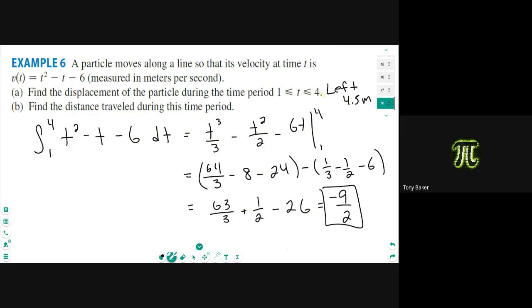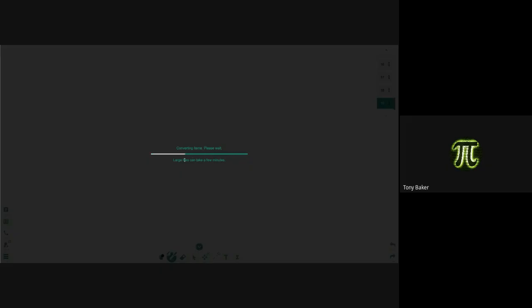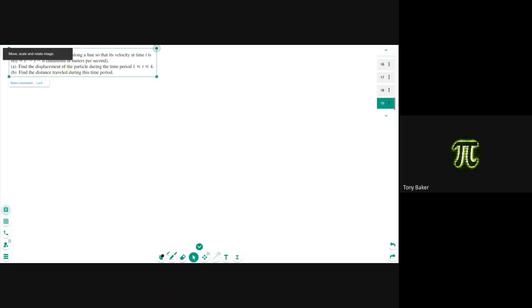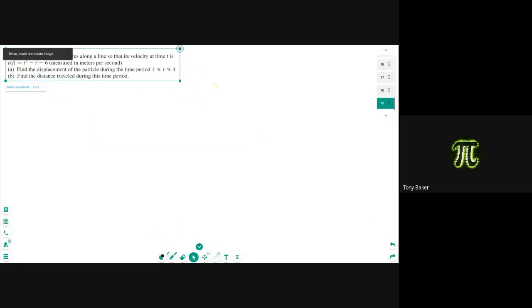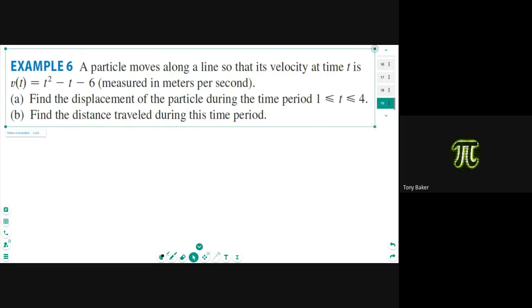All right. The second part of this question says find the distance traveled. So how am I going to find the distance traveled? And is the distance traveled different than the displacement?